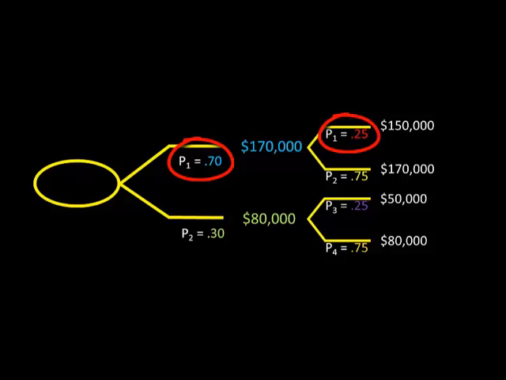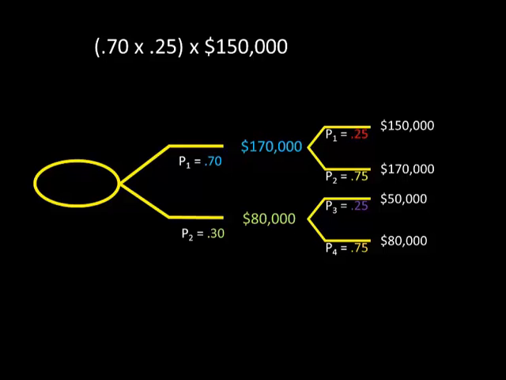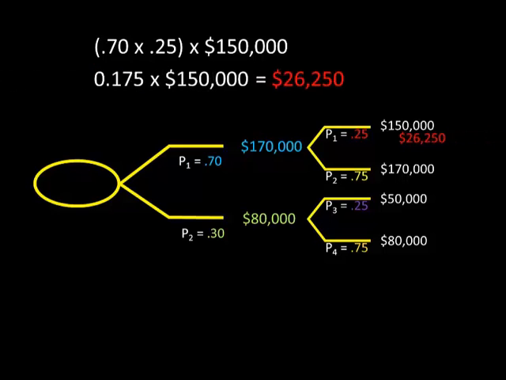So you take the 70 times 0.25, multiply those first. It's kind of an order of operations. So multiply your two probabilities together, and then multiply that times the 150,000. You do that math, and you come out with $26,250. You're going to write that down.